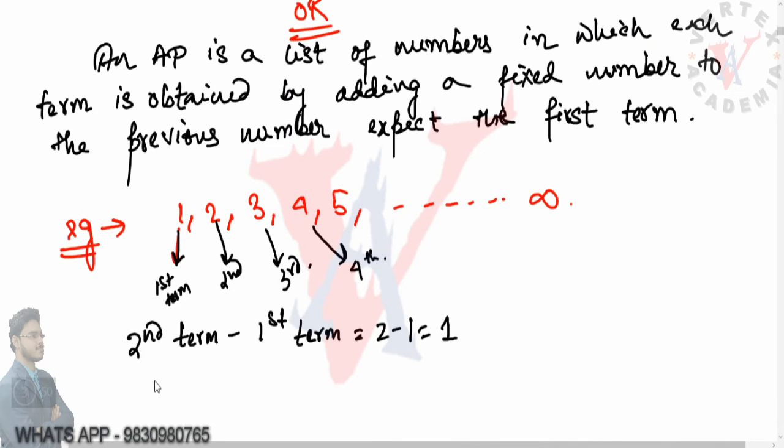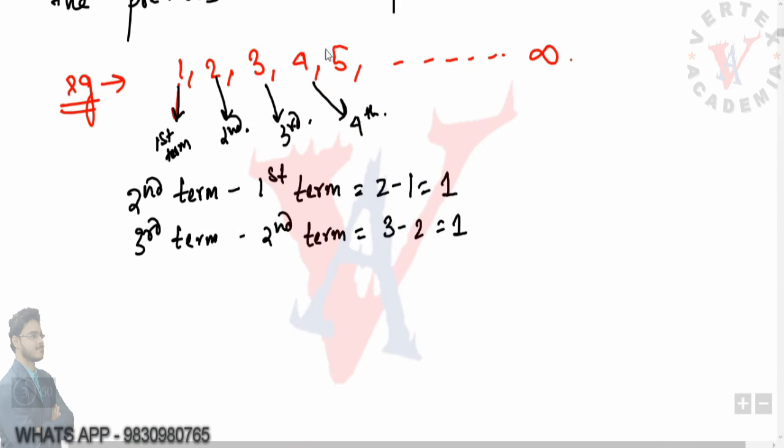Again, if we see the difference between the third term and second term, third term minus second term, it is 3 minus 2 equals 1. Again, fourth term minus the third term is 4 minus 3 equals 1.